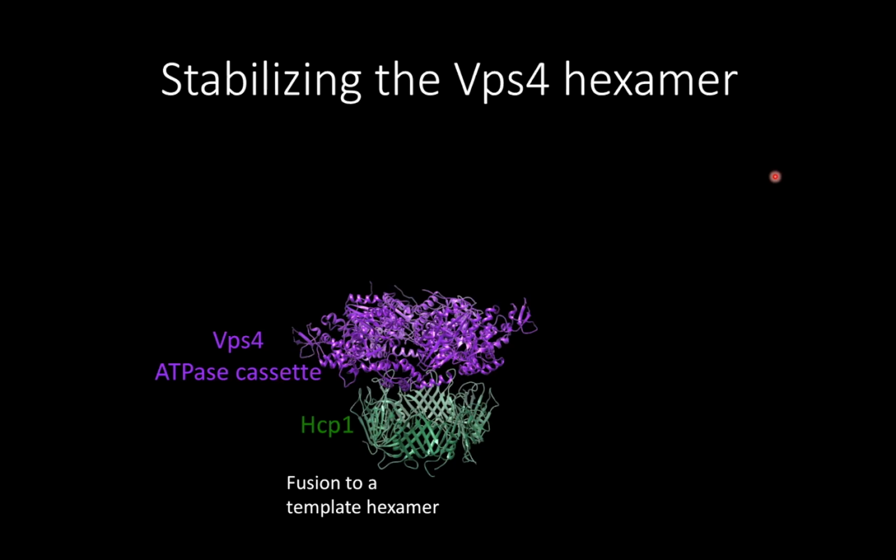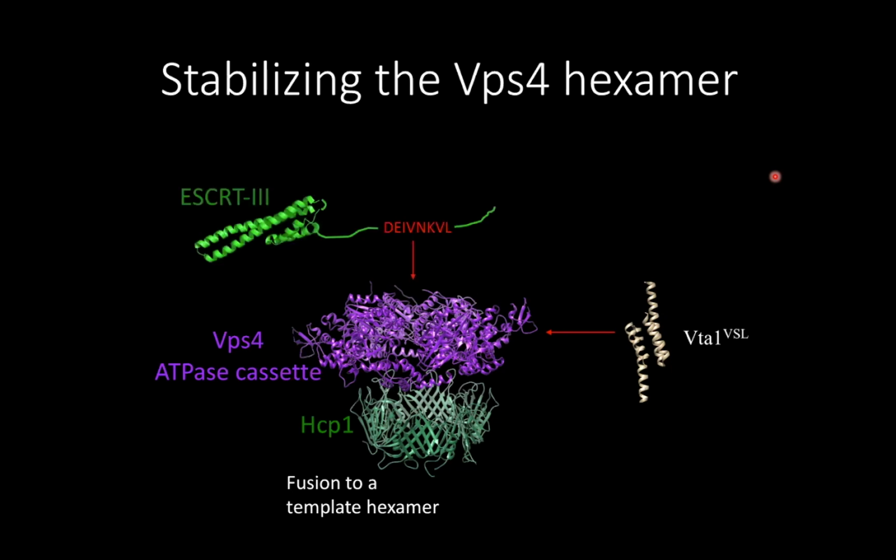I should be clear that HCP1 is a bacterial protein that functionally has nothing to do with VPS4 whatsoever, but it is a stable hexamer and so forces VPS4 to be hexameric. To further induce VPS4 to adopt the right sort of hexameric structure, Nicole included that yellow cofactor protein, specifically the VSL domain of VTA1.